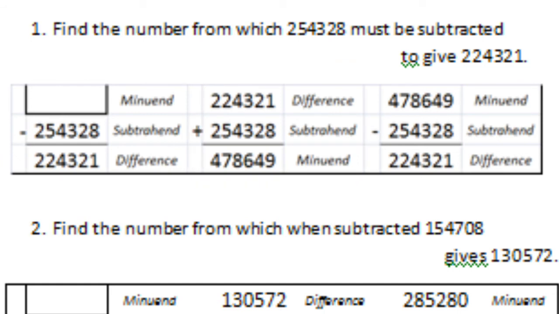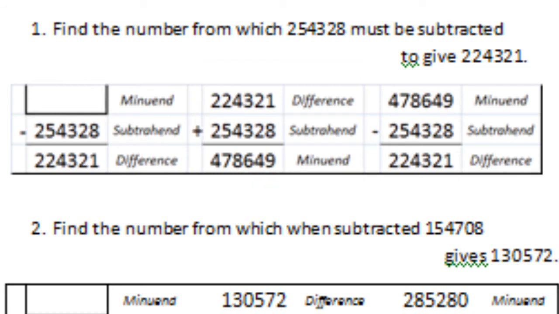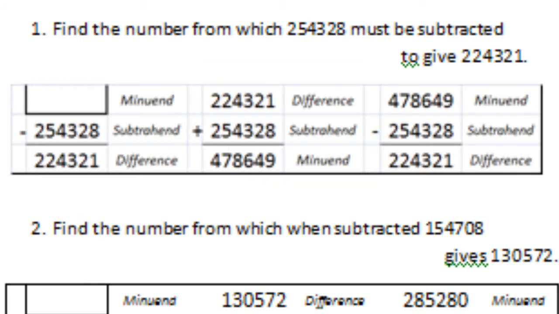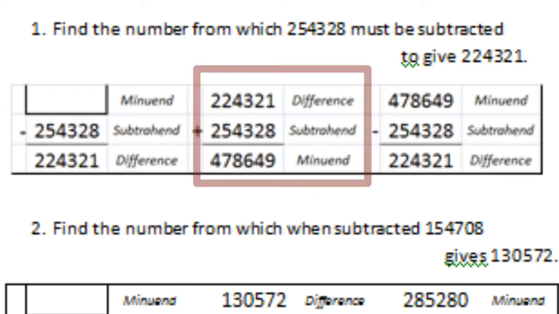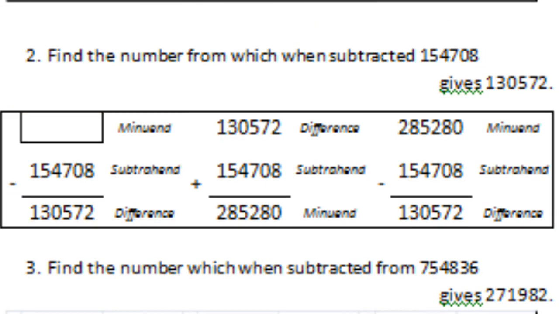So the answer is, the minuend is 4,78,649 and we have to subtract 2,54,328. So the difference is 2,24,321. Okay. Next, see question number 2.